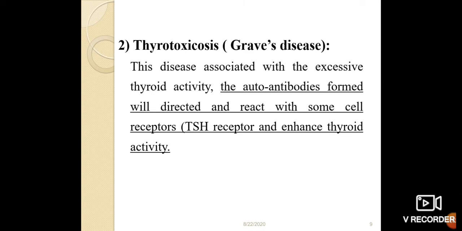Actually, in both Graves' disease and Hashimoto's, abnormal activity of the thyroid gland will happen. In case of Hashimoto's, it results in true deficiency of T3 or T4 and excessive production of thyroid stimulating hormone. While in Graves' disease, the overactivation of thyroid results from overstimulation of the thyroid stimulating hormone receptor.